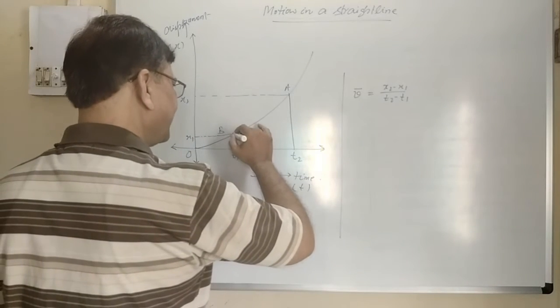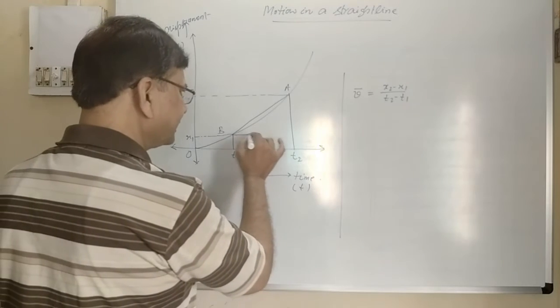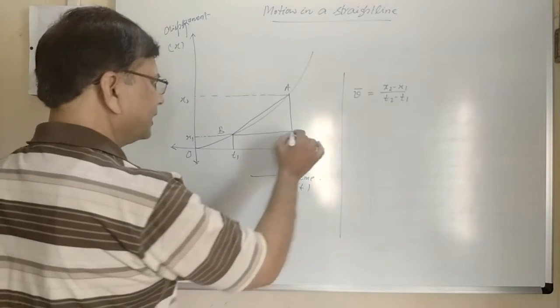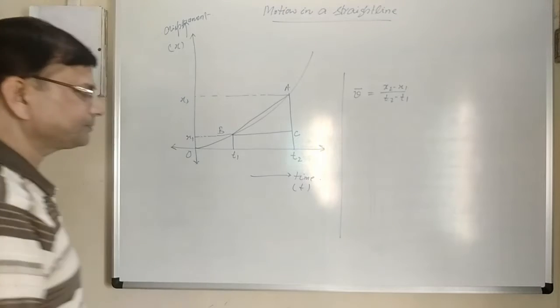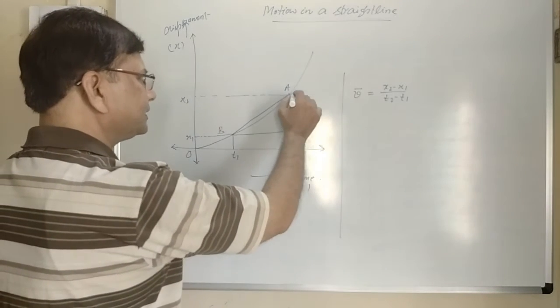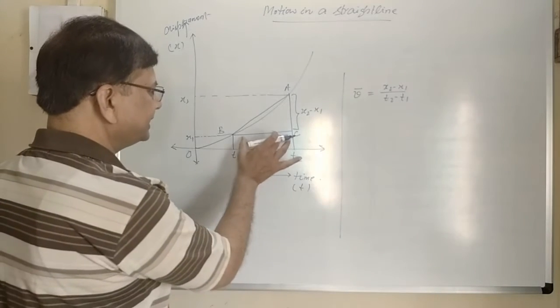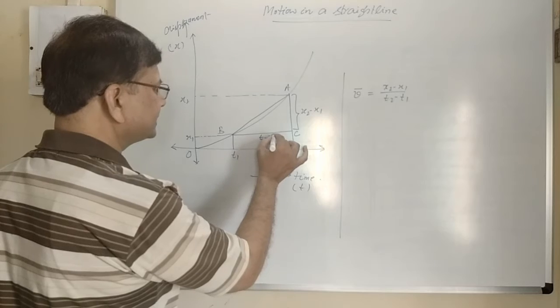So here if you join A and B, and let this point be C. This is x1 and this is x2, so this part is x2 minus x1 and this is t2 minus t1.